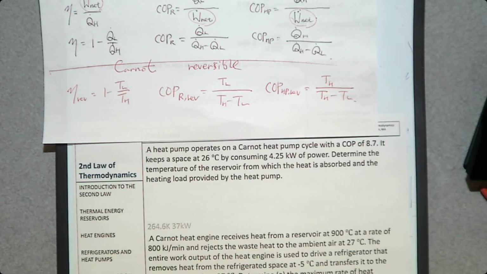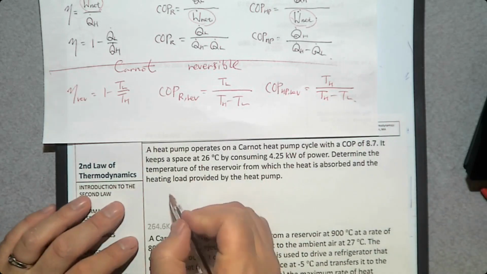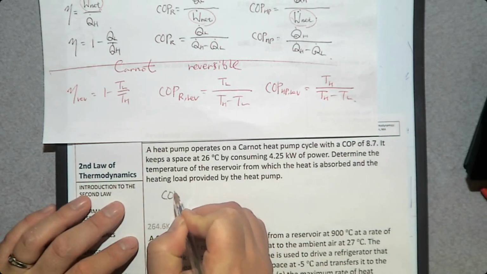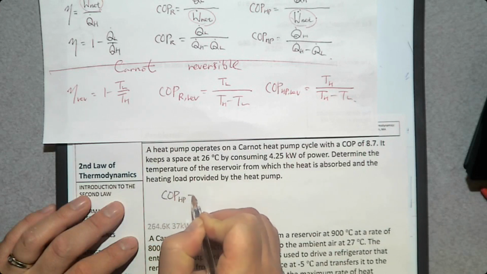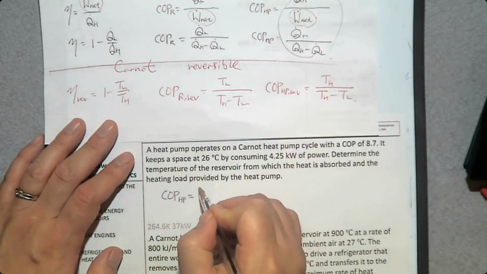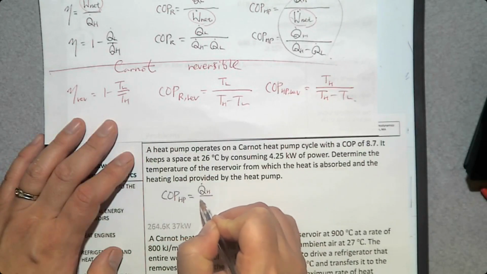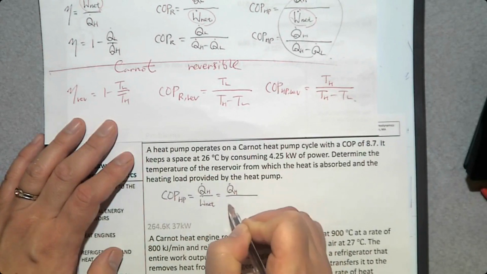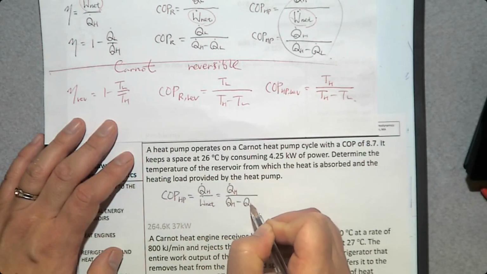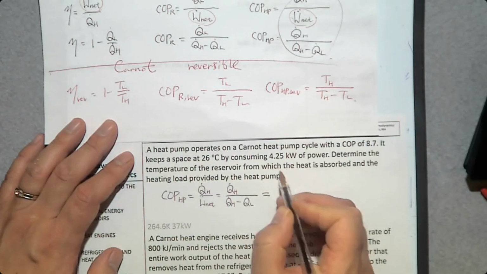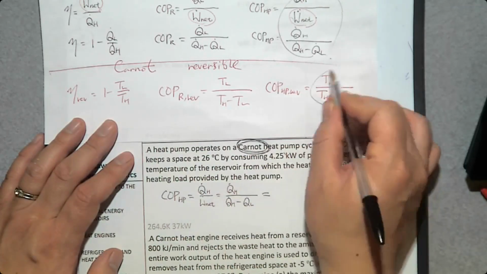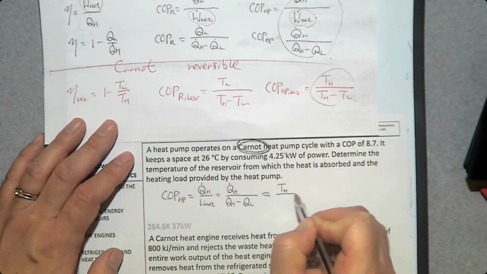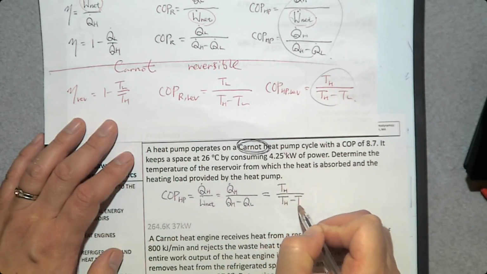A heat pump operates on a Carnot heat pump cycle. Which means this one and that one. So let's just write down the COP. COP of heat pump can be determined by this equation: Q dot H over W dot net, or Q dot H over Q dot H minus Q dot L, or since it is a Carnot heat pump, we can also use this one: TH over TH minus TR.